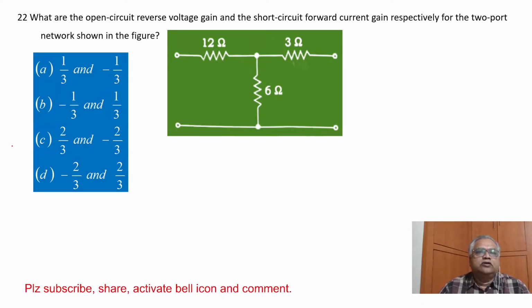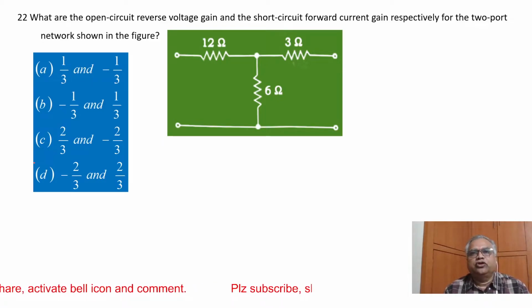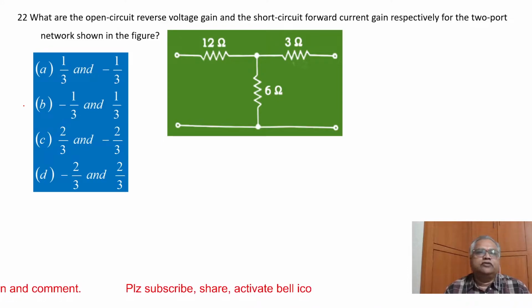Next. What are the open circuit reverse voltage gain, short circuit forward current gain, respectively for the two-port network shown in figure? Open circuit reverse voltage gain. What is reverse voltage gain?